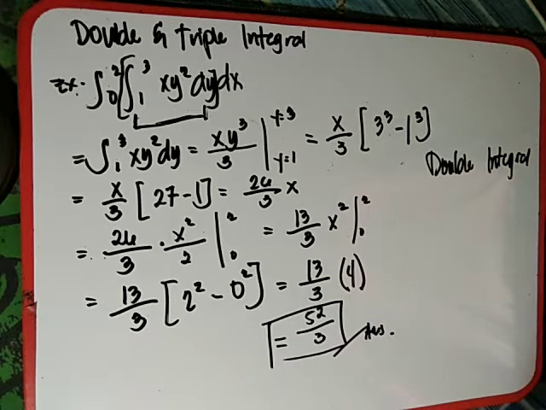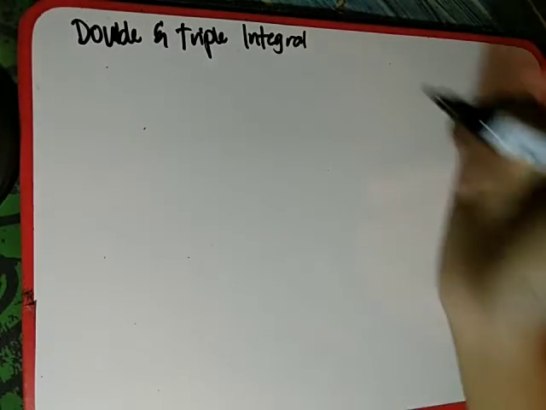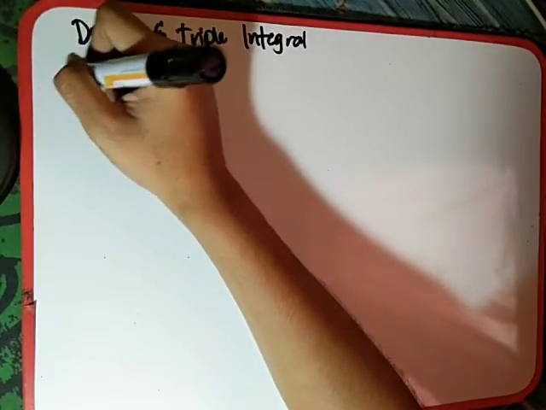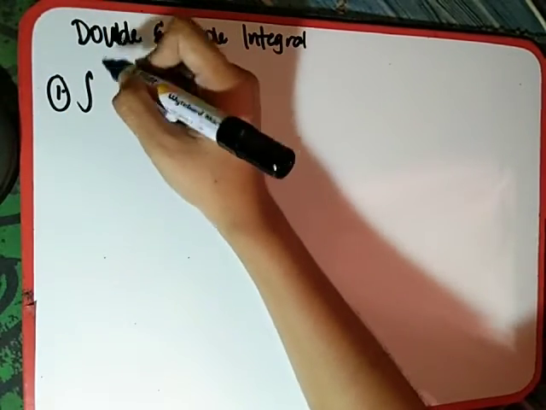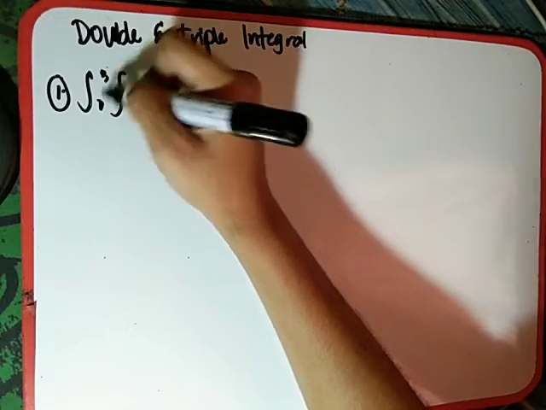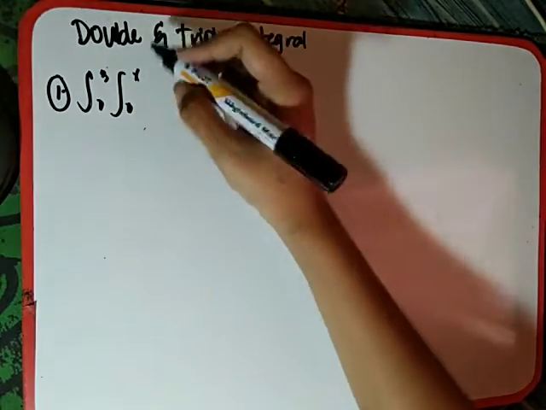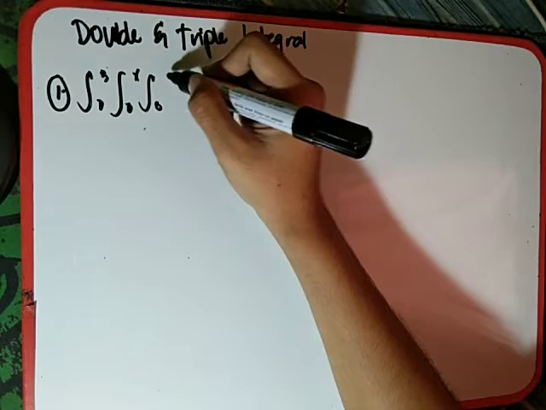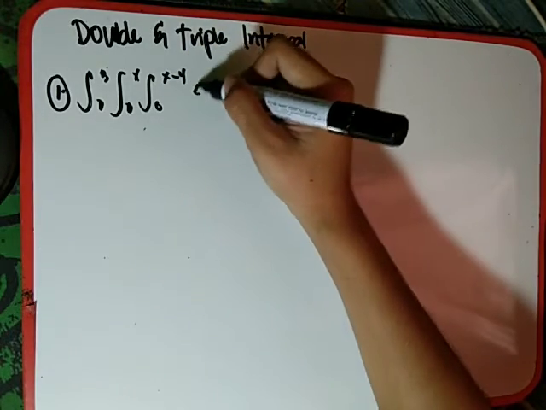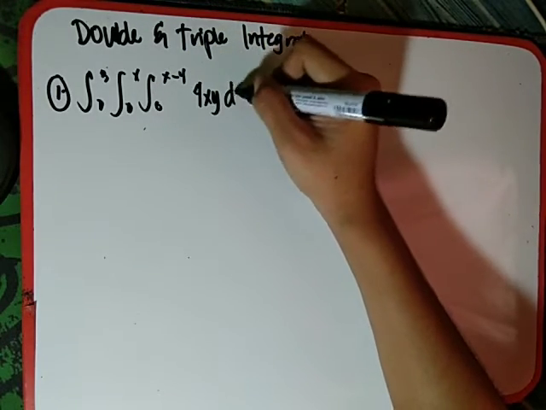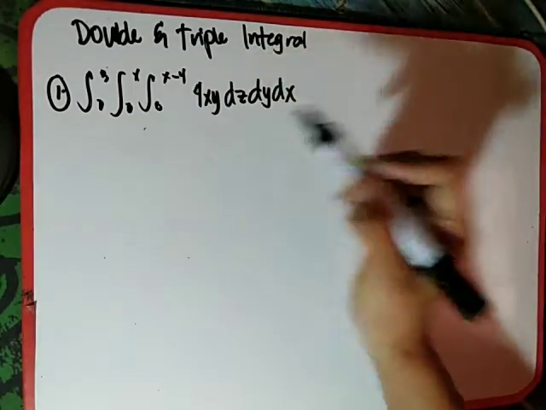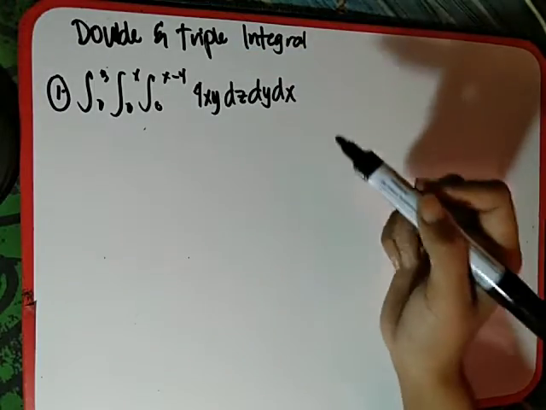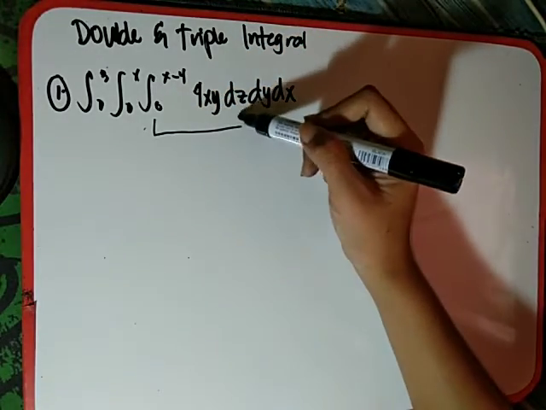So next is the triple integral. So for the example of the triple integral, we have the integral of 0 to 3, 0 to x, 0 to x minus y, 4xy dz dy dx. So first we have to evaluate this.